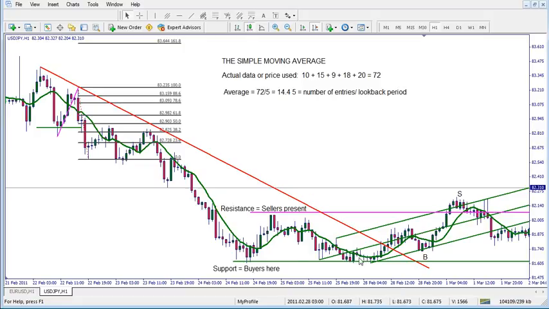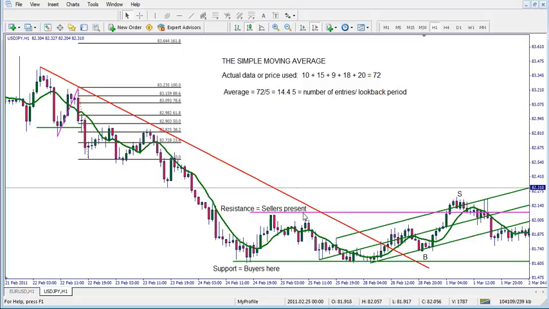Now price continued to go up in this case, and for some reason it turned here, came down, went up again, found some difficulty going higher in this area, and went lower. So something happened in this price area to cause price to turn, and that would be an area of resistance.